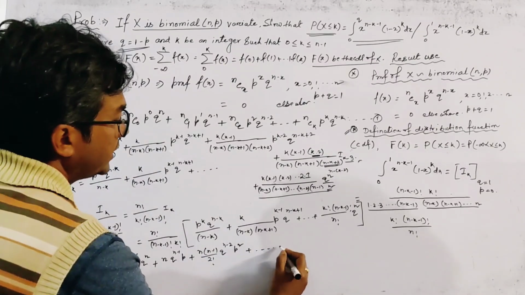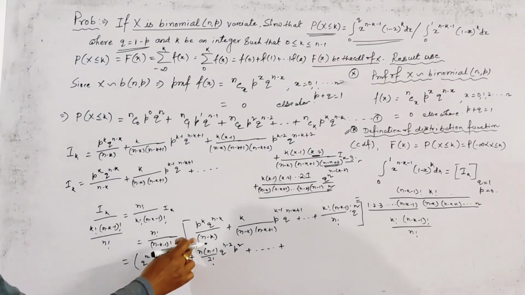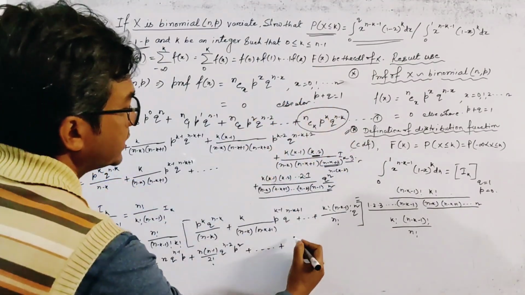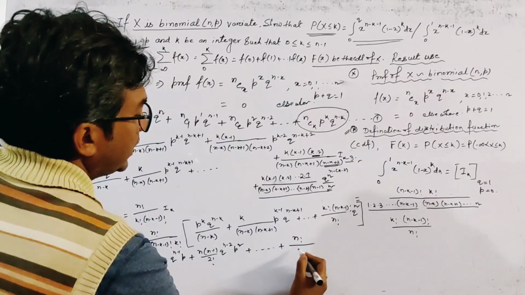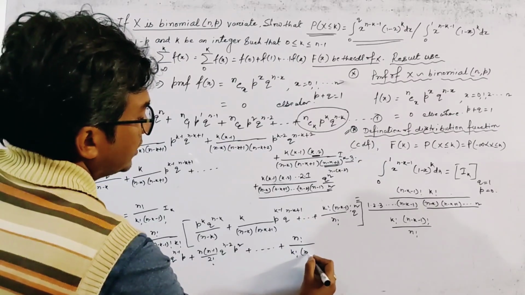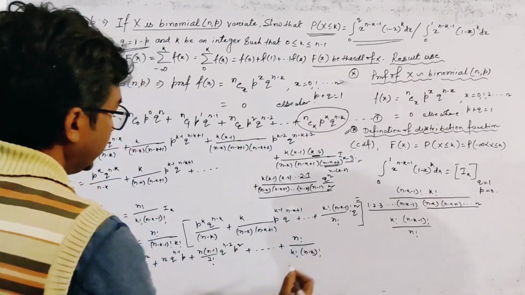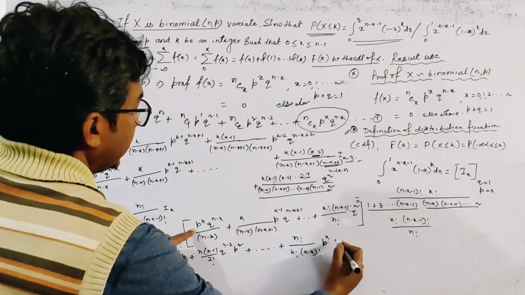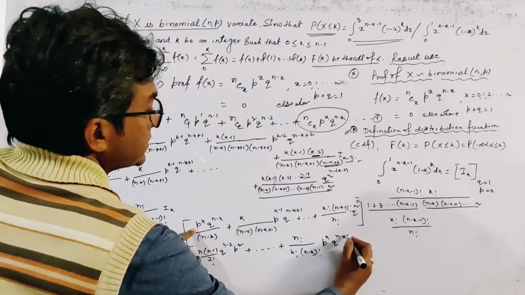And similarly, we get the last term as, this is given by our this term, and we get n factorial by k factorial into n minus k factorial into p to the power k into q to the power n minus k.